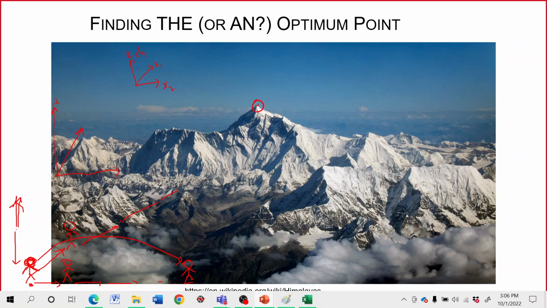And in this case, we can say I also want to go further and further up until here, right? And then it cannot go further, because the further it goes, it will drop down, right? So it knows that it's not going up, it's going down. So once it's going down, it says, okay, now I have to stop, I have to go back to my previous locations. And then it will say, this is my optimum.